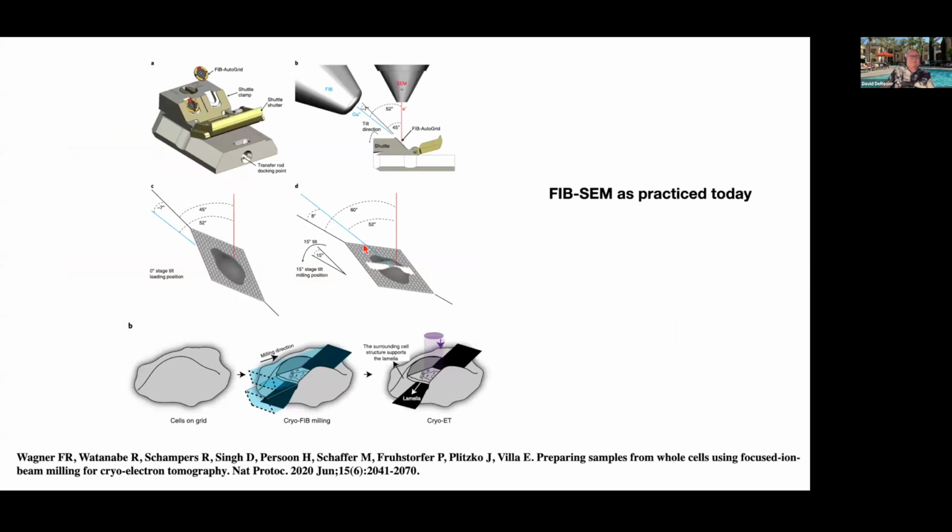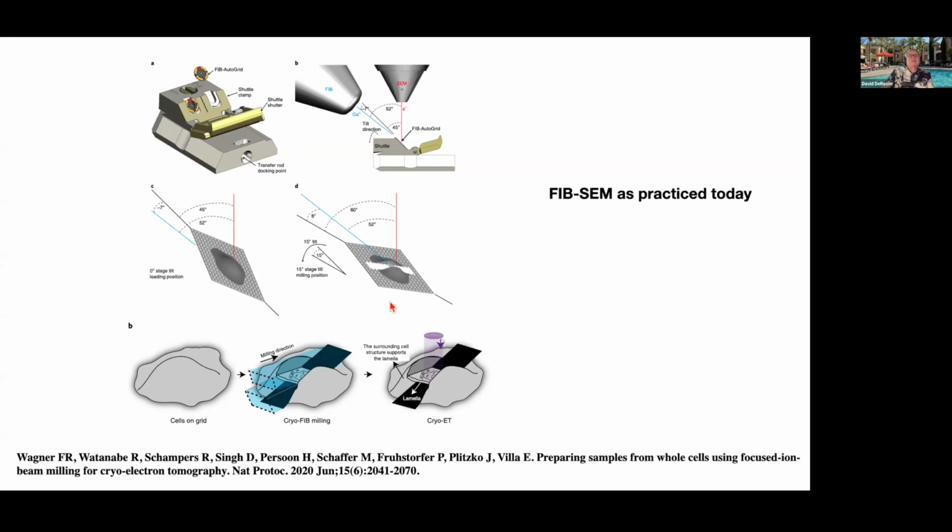And the general procedure: here's the device, and here's the gun that produces the beam of ions that mills away, blasts away the sample. Here's your cell poking above the grid surface. With a focused ion beam, you produce a thin lamella that's held by the sides of the cell.